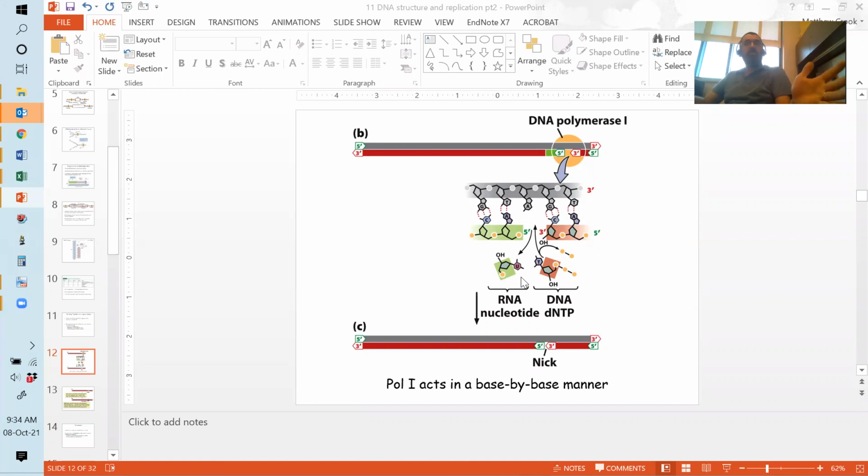So by the time DNA pol 1 is done, every base on the template strand has a complementary base in the daughter strand. DNA synthesis is not finished yet because we still have this break in the phosphate sugar backbone.